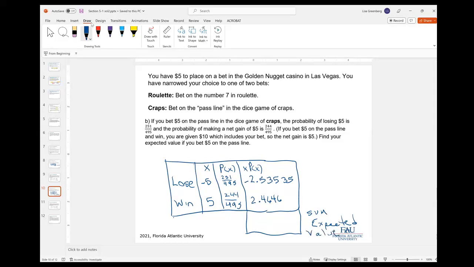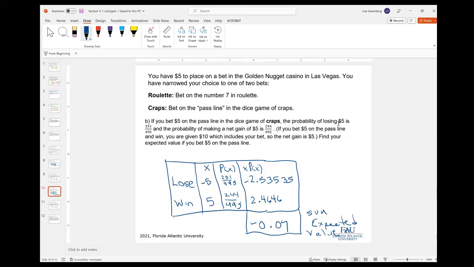So I have 2.4, but I have that number minus 2.53535 equals, and that is negative 0.07. Okay, so that is my expected value if I play craps.